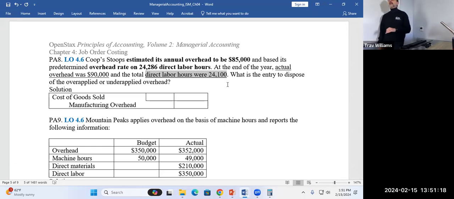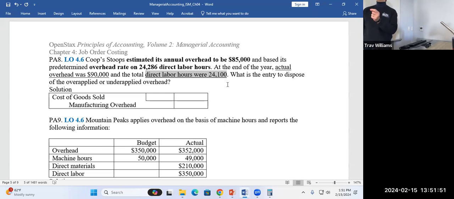Now keep in mind, again, there are three types of overhead, right? There's the estimate that we use to come up with a rate, but then we actually apply that. How do we apply the overhead to the finished jobs? Yeah, exactly, by either the hour or the labor costs, right? So in this case, since they're using labor hours, it would be by labor hours. So to figure out the amount that they applied during the year, you're going to need first a rate.